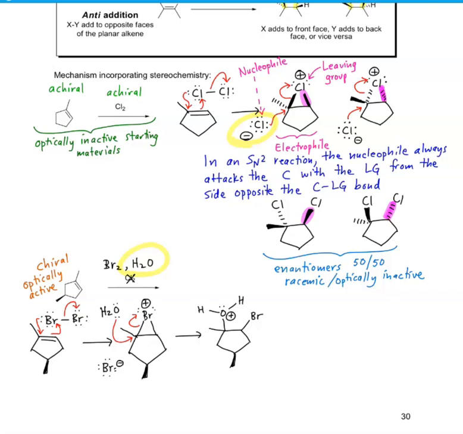When water attacks something as a nucleophile, we usually end up with a picture like this. Another water molecule can complete the reaction by removing that extra proton. So we've seen this pattern before as well. For example, in the acid-catalyzed addition of water, so Markovnikov hydration of an alkene.